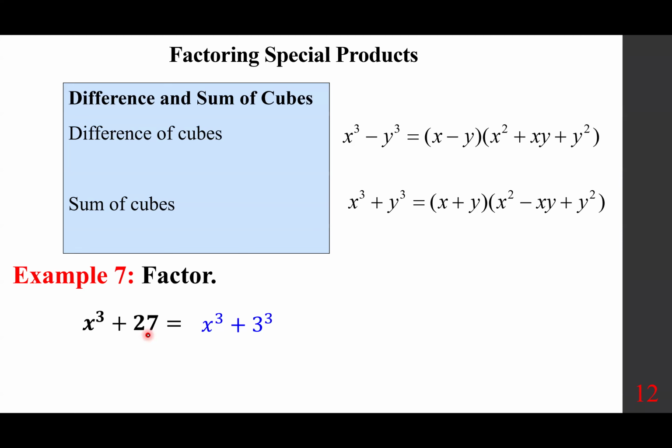Now, we follow this one, x plus y, so it becomes x plus 3, x squared minus xy, x times 3, that means minus 3x. And then y squared, that means 3 squared. So we are following this one. And we change this one to 9, and we are done.